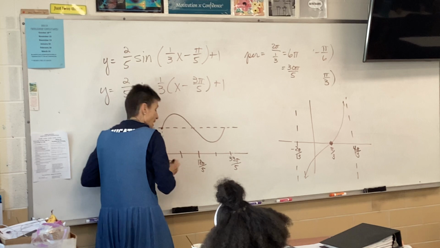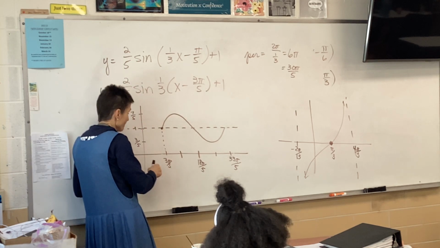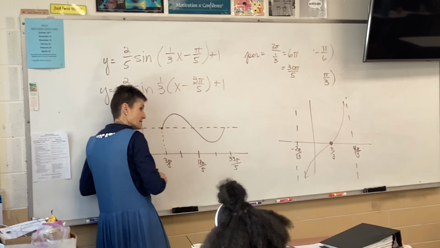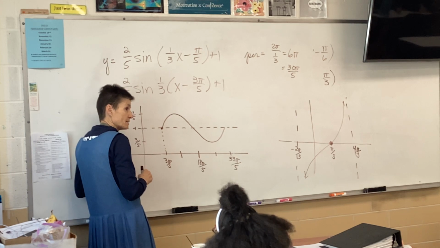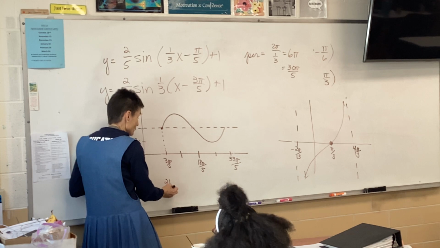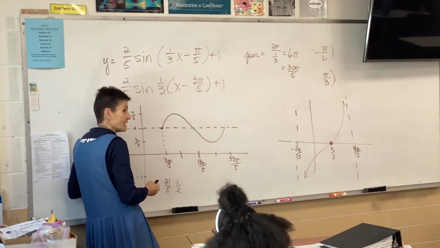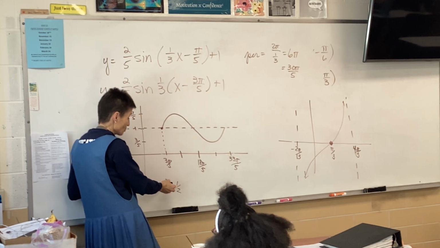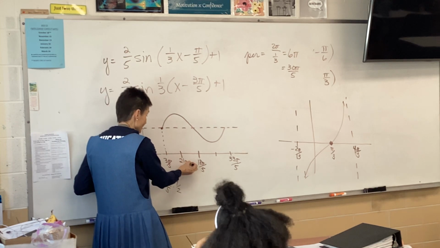Now, this one's not going to work out so nicely, because when I average 3 and 18, I get 21/5, and I can't take half of 21, so I'm going to have to make it 21/10.